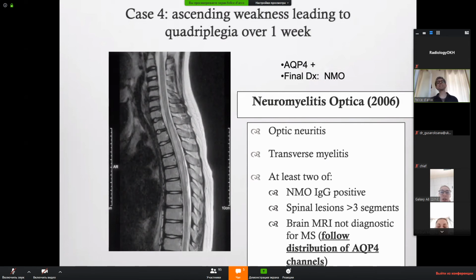Because this neuromyelitis optica spectrum disorder is due to antibodies against aquaporin 4, the distribution of aquaporin 4 in the brain determines the distribution of the abnormalities in the brain and also the spine.